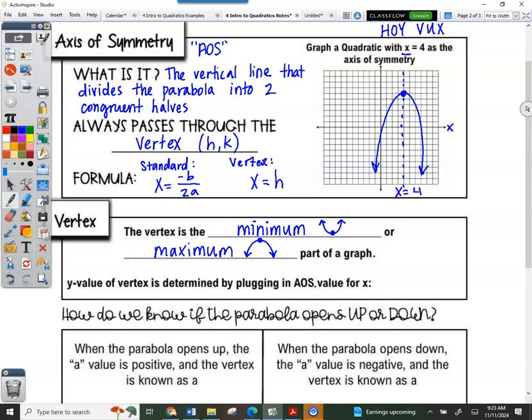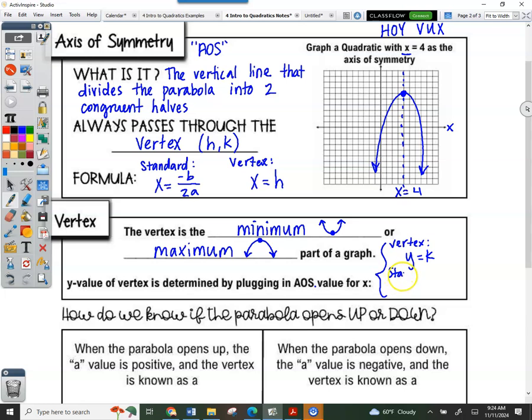The y value of the vertex could be k, because notice the vertex is (h, k). h is your x coordinate, k is your y coordinate. If it's in vertex form, it would simply be y equals k.